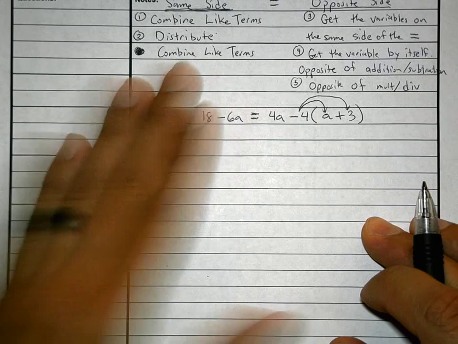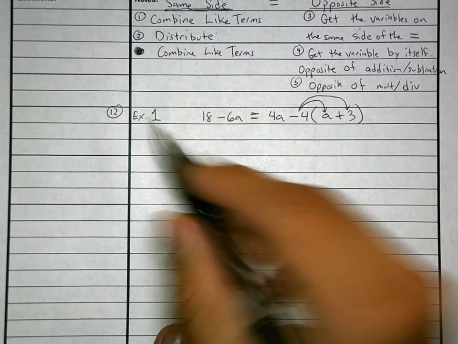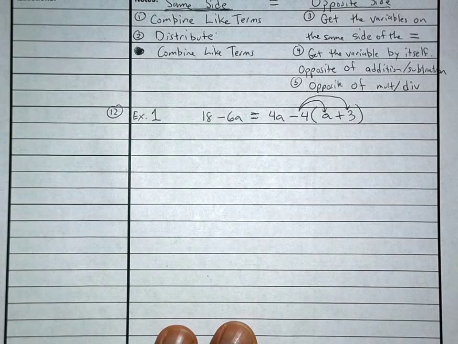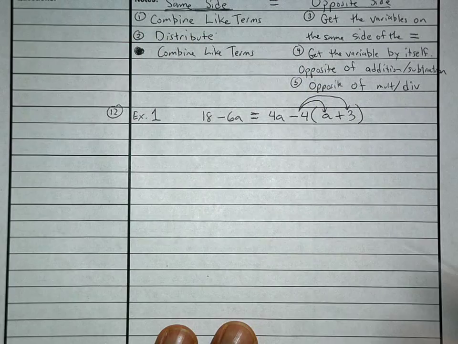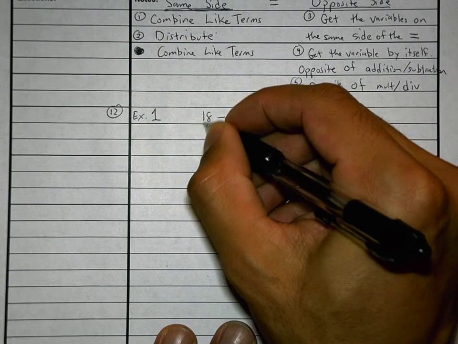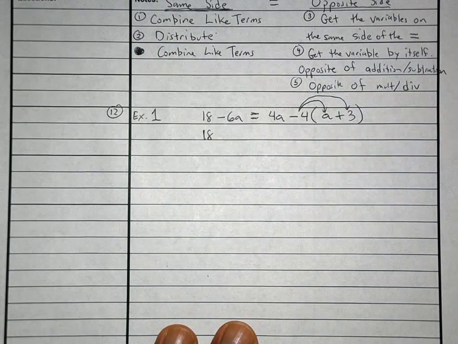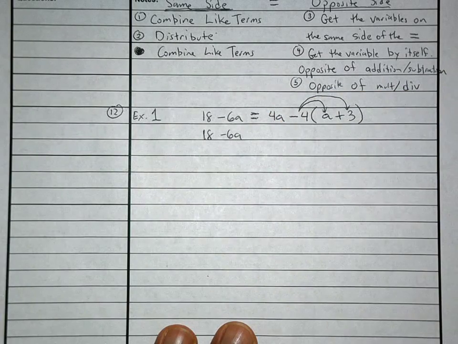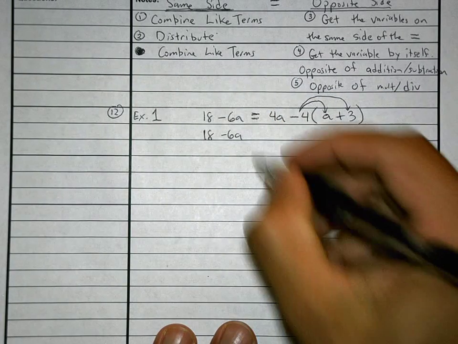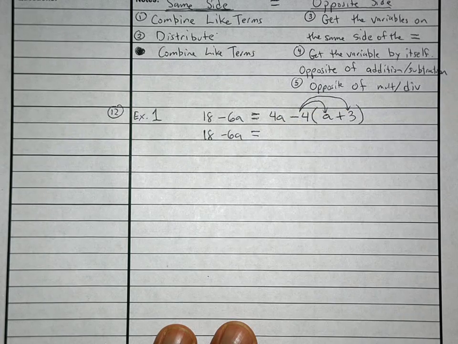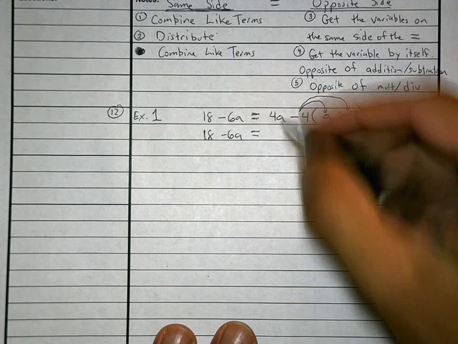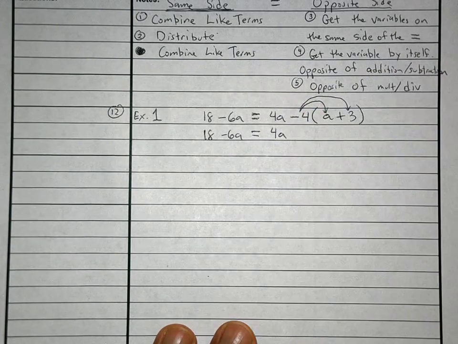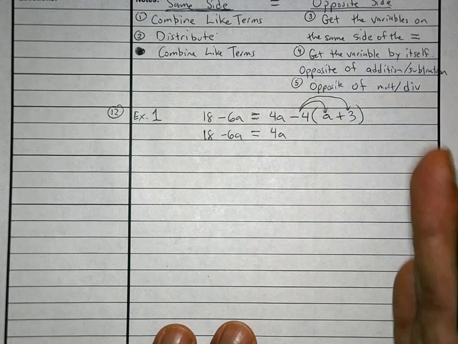When you're doing problems, you're going to write everything exactly the same as you do the problem. For example, the 18 doesn't change. We haven't done anything to it. Then minus 6a hasn't changed. Write that down. The equal sign hasn't changed. Write it down. The 4a hasn't changed. Write it down. We just write everything from left to right.